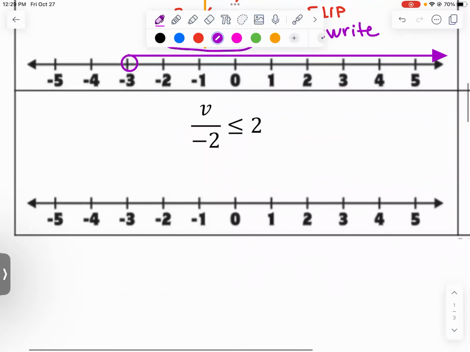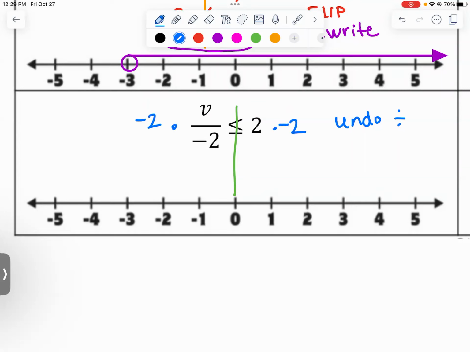All right, last example on this page. What do I need to do to both sides? Adrian, what do we need to do to both sides? Okay. Ooh, we need to multiply by -2. It is important that we catch that it is a -2.